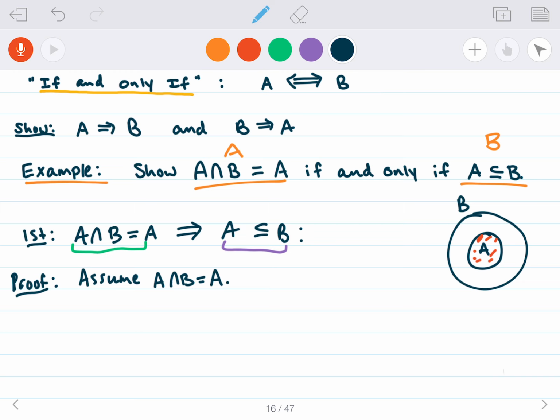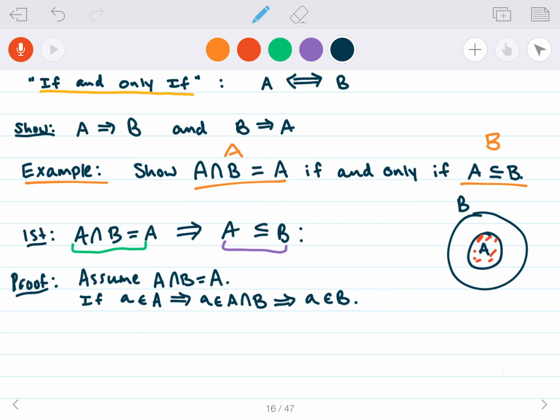Okay, so we want to assume this. And if little a is in A, then by our assumption, a is going to be in the intersection of A and B, right? A equals A intersect B. And therefore, a will also be in B. Right?